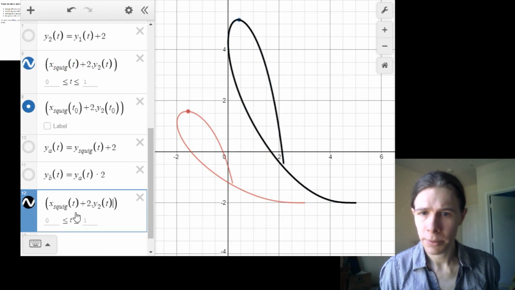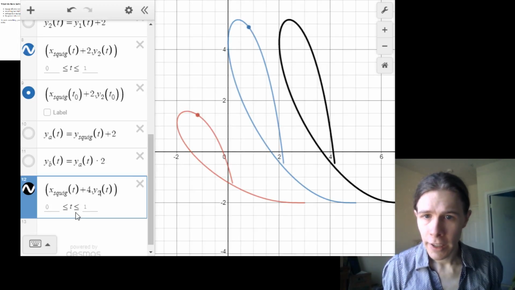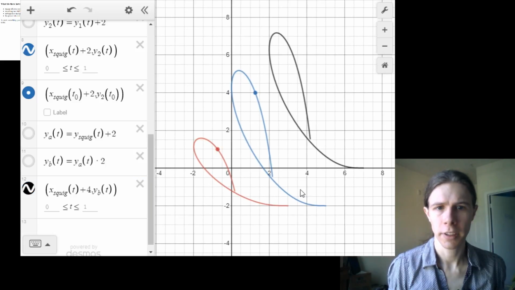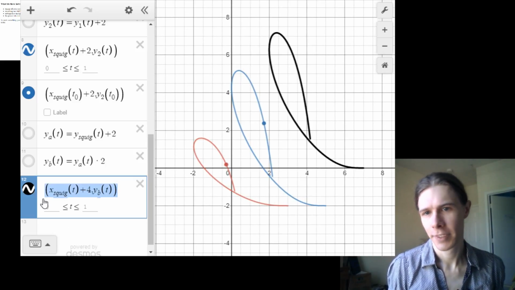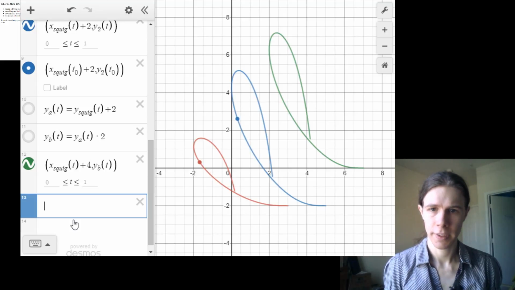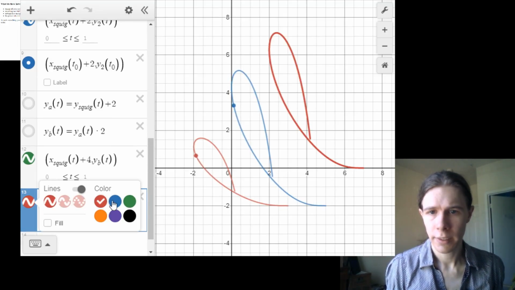This one I'm going to shift over a little further, and now we change it to B. Well, that's interesting. It's just kind of higher up. Let's make it green.